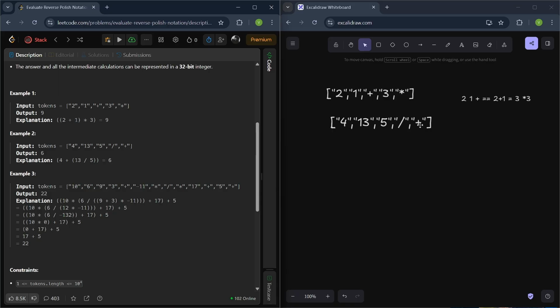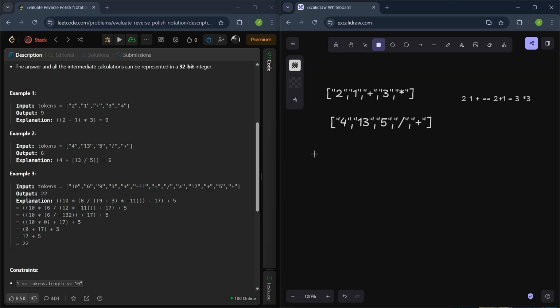Then they have got this answer, and again they have got a plus operator. After getting this 13 and 5 value, they have divided it by 4. Sorry, they have added it to 4. Is it right? So basically, in reverse Polish notation, first they have written the numbers, then an operator, like this.